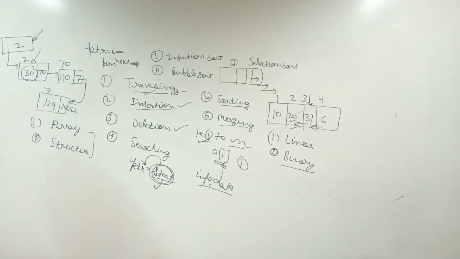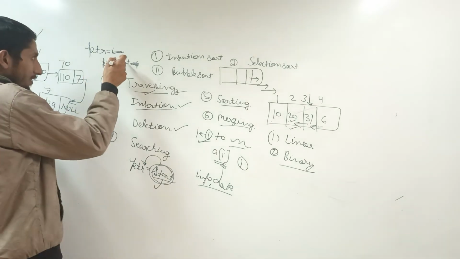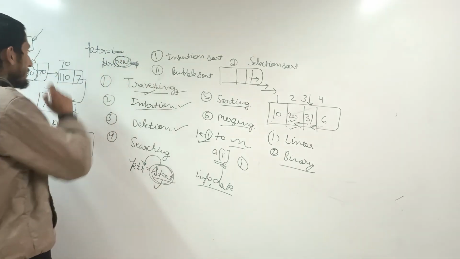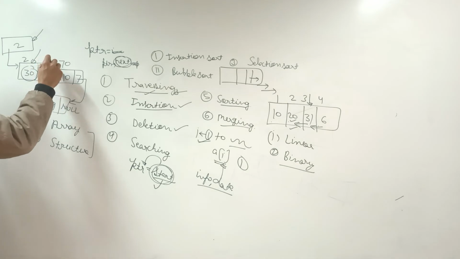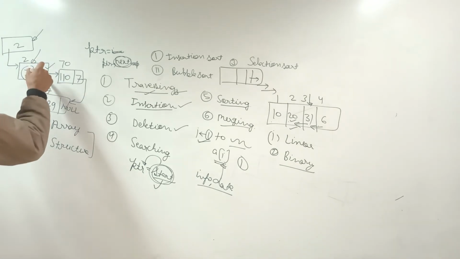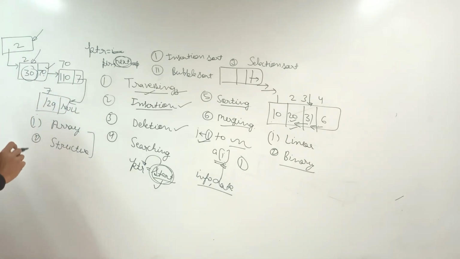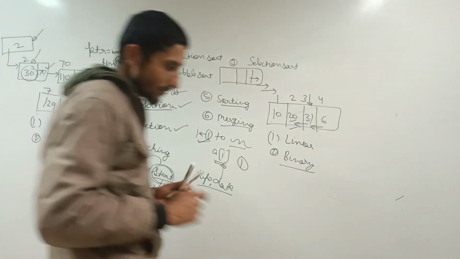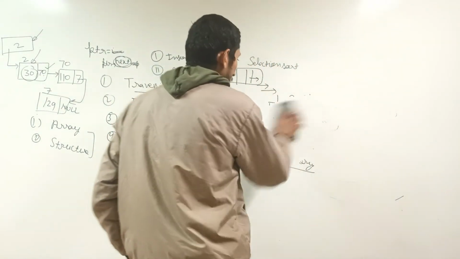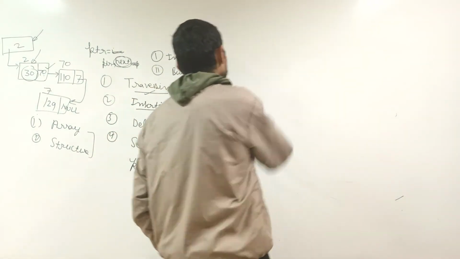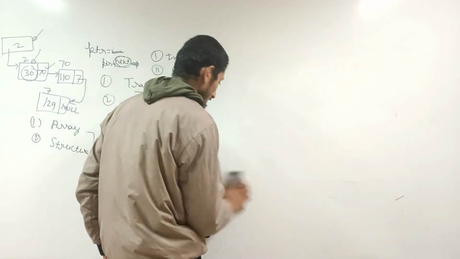The meaning of this one is, please copy the next part. What is the next part? The next part is 70. So the meaning of this one is copy 70 in ptr. How can we access this one? Let me explain it by example. So let me rub this one. In this video, we will see only a single algorithm, that is called traversing.